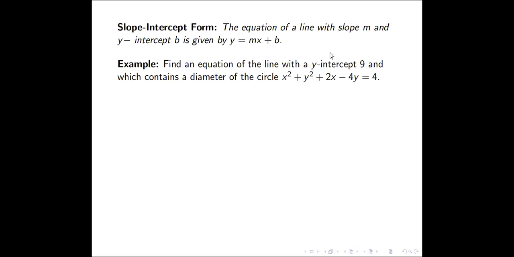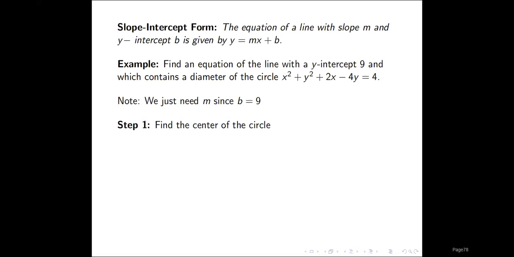So this one is in general form, and we need to write it in center-radius form to get its center and its radius. But we will only be needing the center of this circle. Again, we just need to find m since we already know b. Now we are going to find, step 1, the center of the circle.